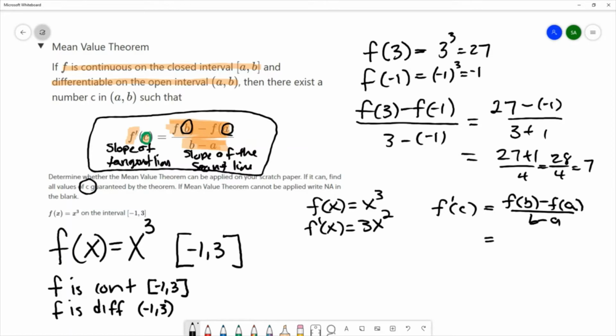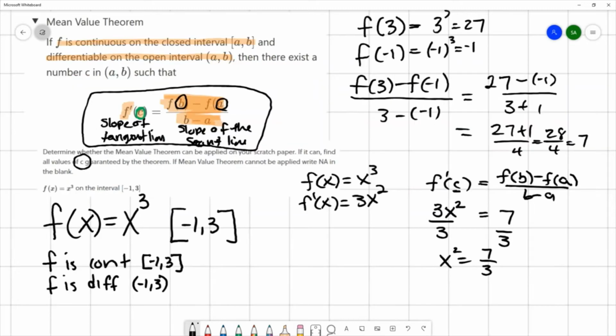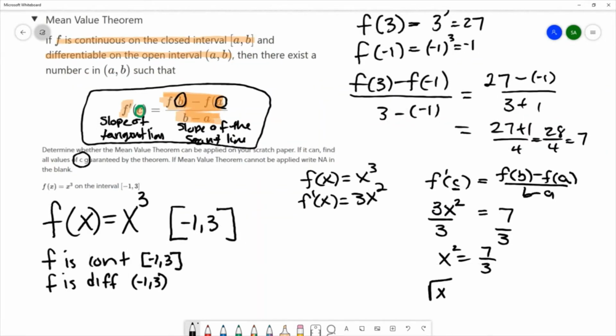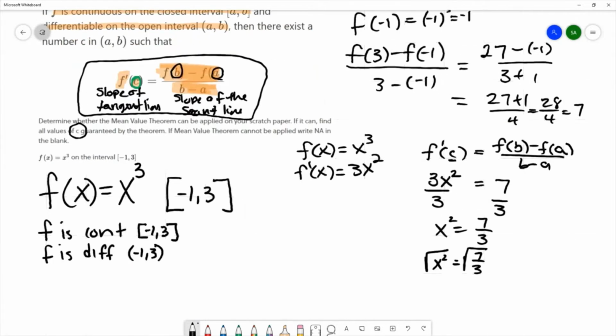We worked out the right-hand side to be 7. On the left-hand side, we've got our derivative, and I'm going to solve for x, and that will tell me the value of c. I'll divide by 3. That's x squared equals 7 over 3. I'll square root both sides, and that gives me x equals plus and minus square root of 7 over 3.